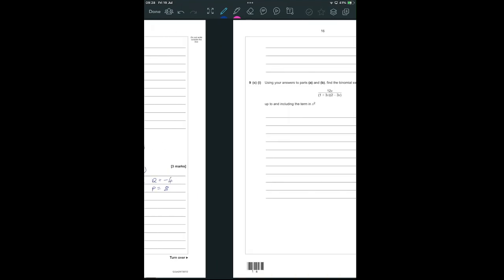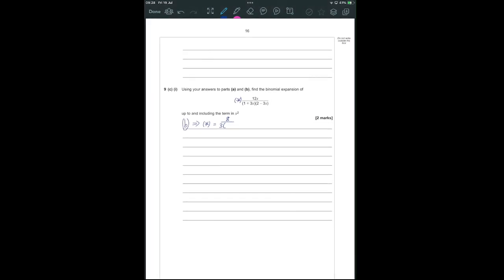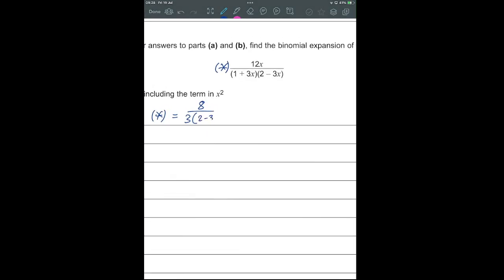So instead of 8, I'm going to have 8/3, and which was the one that was linked with p? p was the 2 minus 3x, minus 4/3 of the other one.